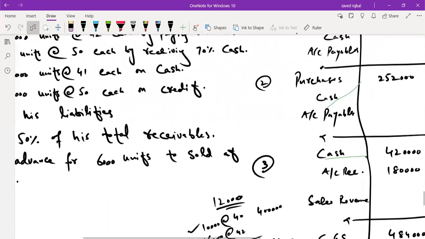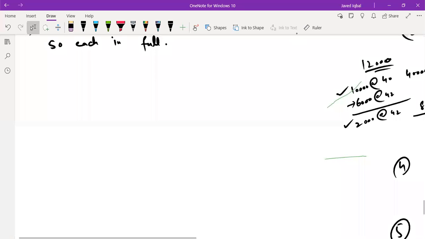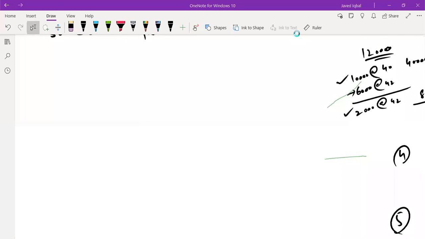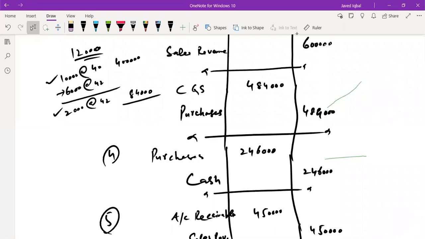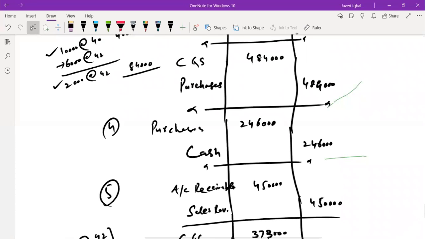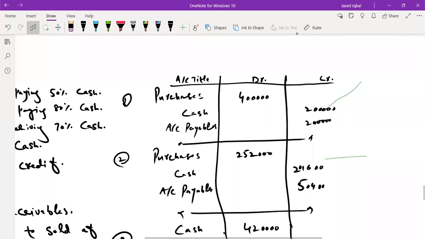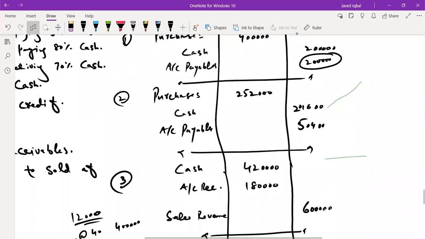So your next transaction is that ABC paid all his liabilities. So you'll have to check for the liabilities. From the first transaction, first one is 200,000, and then 50,400. This makes it 250,400.